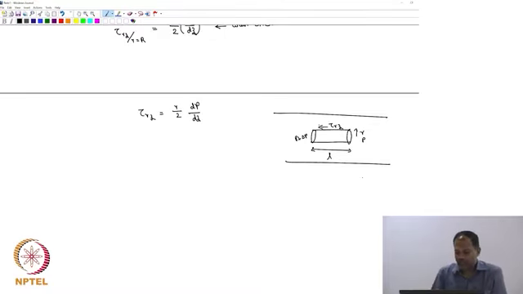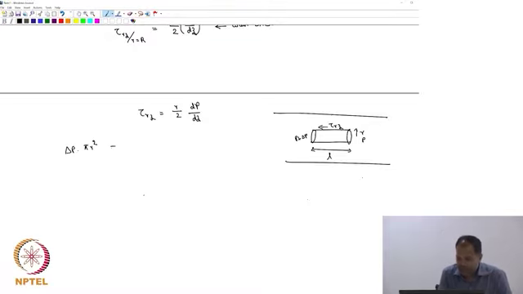Then you can say that my forces should balance. Here it is P plus delta P, here it is P. So, only the differential pressure, delta P, is going to be acting on the fluid element, and if I multiply with the area, which is pi r square, that is the force coming from my pressure difference.